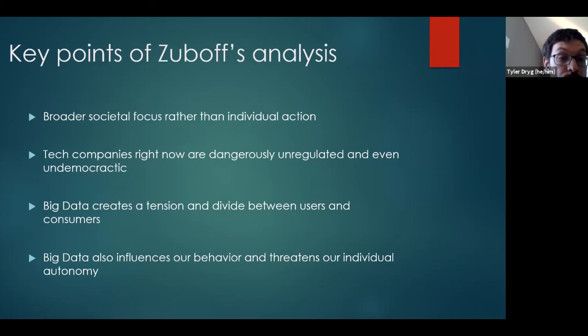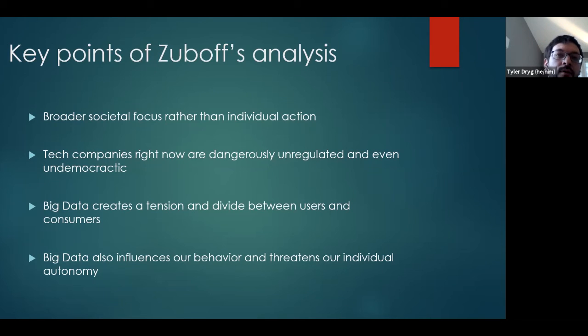So for Zuboff, she's focused a lot on the legal and social context surrounding tech companies. With Facebook in particular, there's just not a lot of regulation in terms of how transparent they have to be about how they're using your data, who they're giving your data to, the changes that they make to the service, and how they respect user privacy.